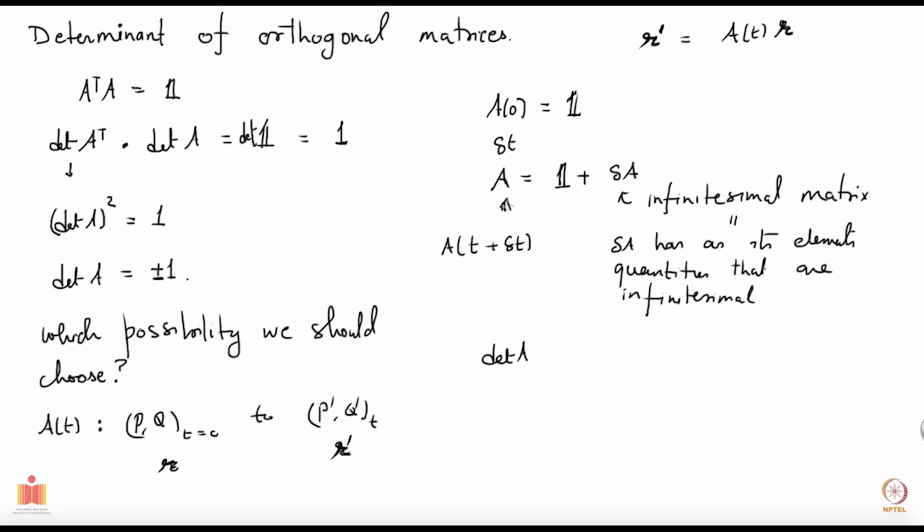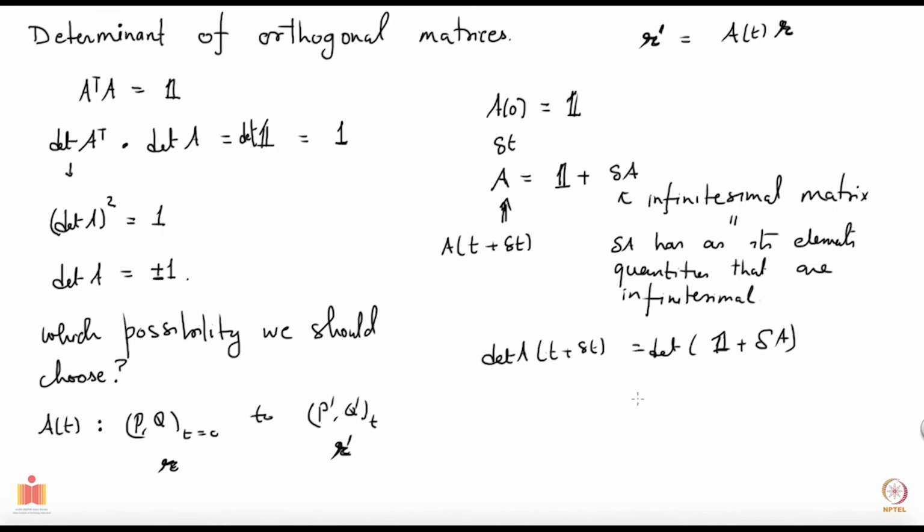So the determinant of this would be the determinant of identity plus delta A. Is that clear? All I am doing is taking the determinant on both sides of this equation.